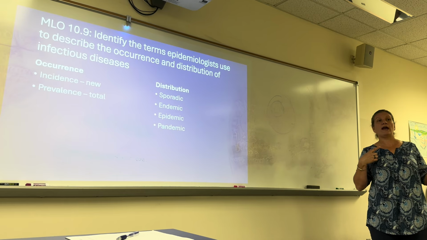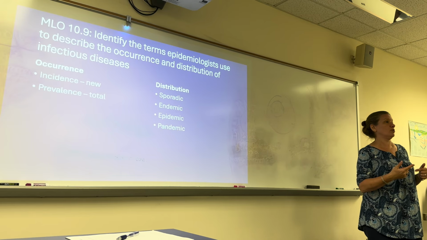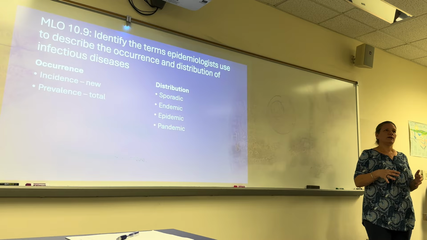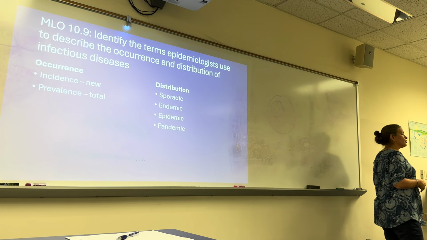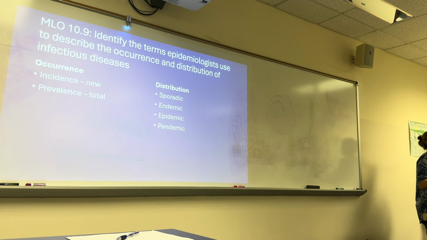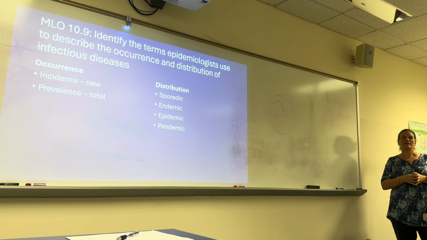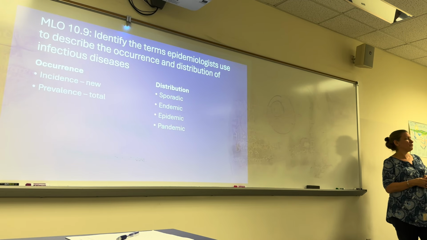That doesn't mean we have a current situation of transmission going on. It means it's in the population. So the two are looked at in order to keep an eye on what's in the population, yes, total, but also what's going on now as far as how it is spreading.